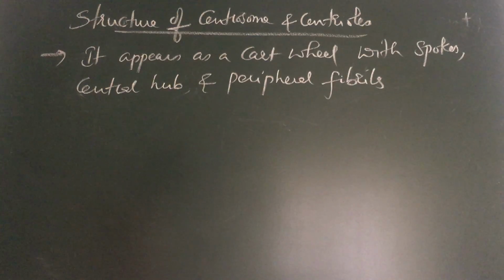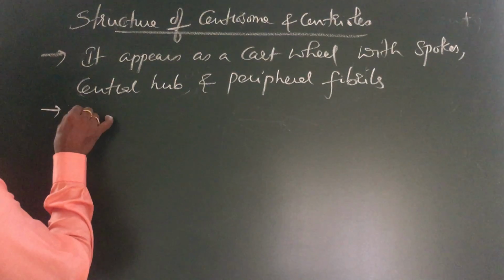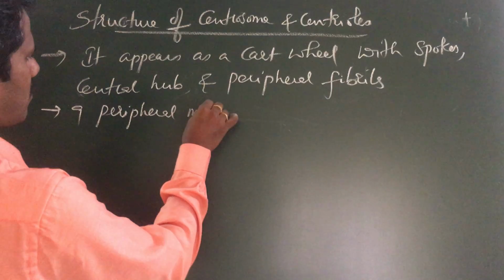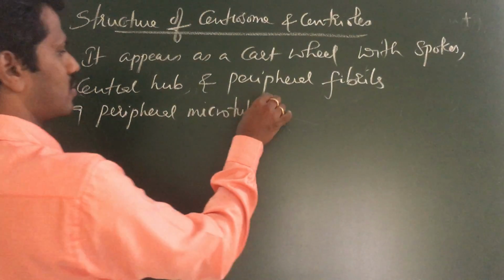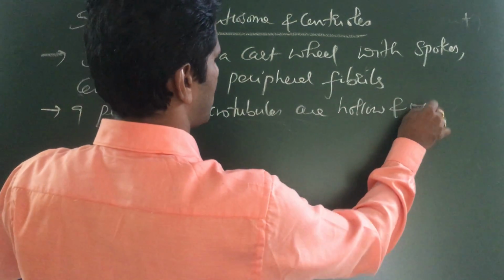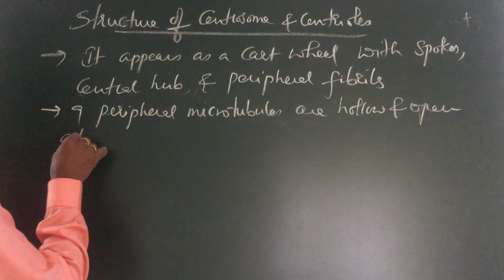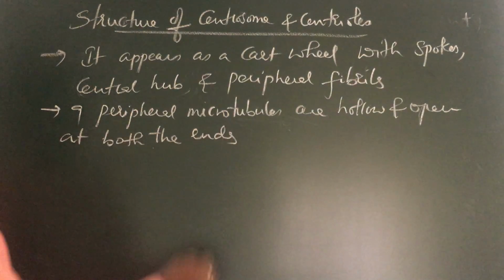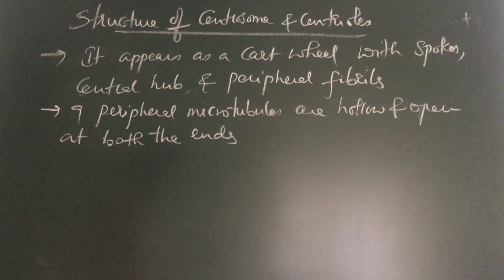So the microtubules, the 9 triplet microtubules are there. The 9 peripheral microtubules are hollow tubes, open at both ends.